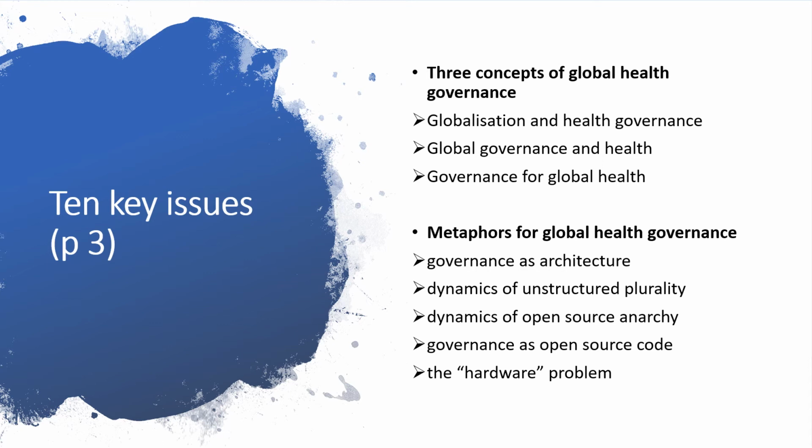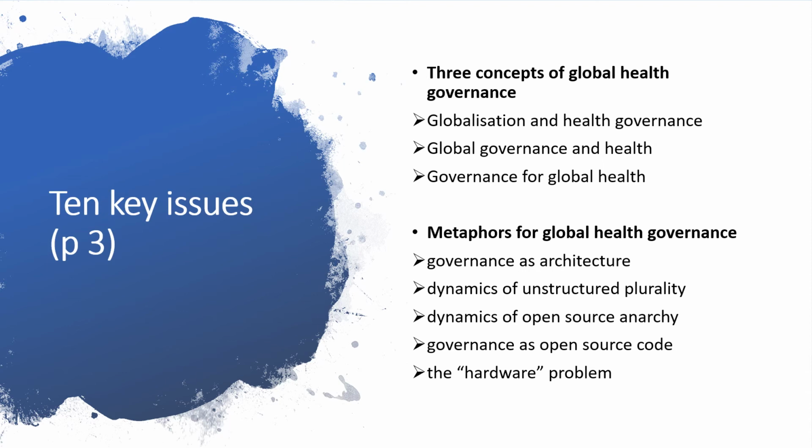But he gets to, at the end of his article, the hardware problem. And he indicates that this open source code is operating at an international or global level, where any interest, any concerned group, any state or non-state actor can be participating in the management or development of solutions for a given problem.